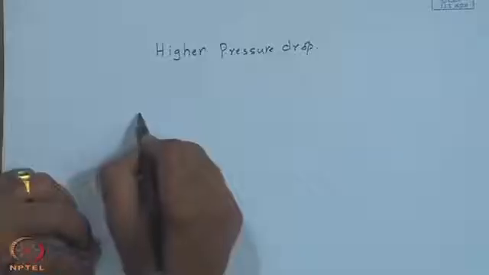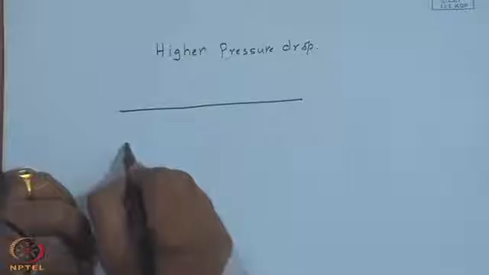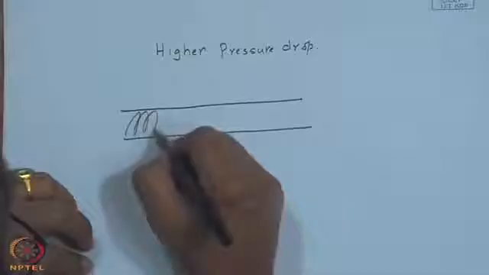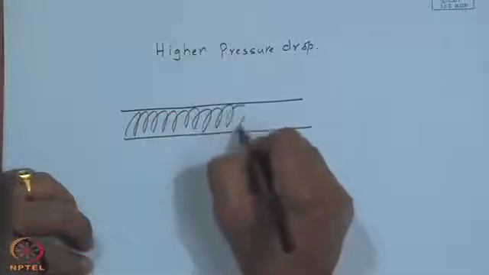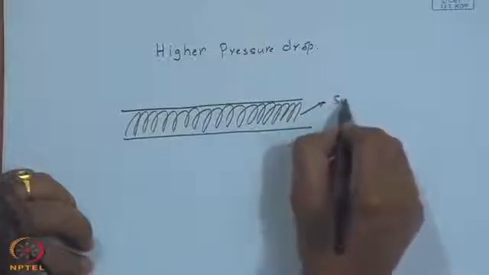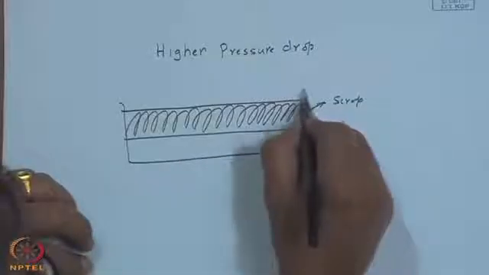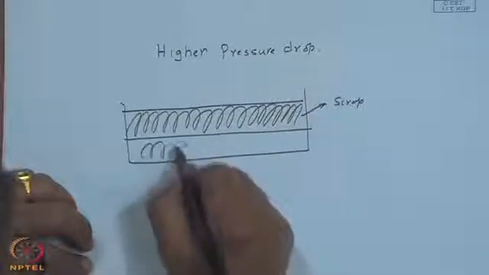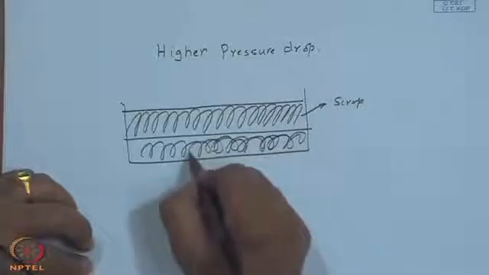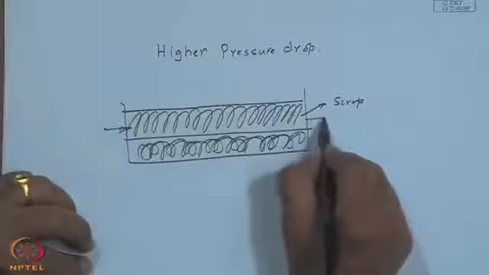Indeed, air collectors have also been suggested to be of this form. This entire thing is not insulation now, it is a scrap, and then bottom insulation. So, to distinguish I will put a double spiral and the flow is through this.